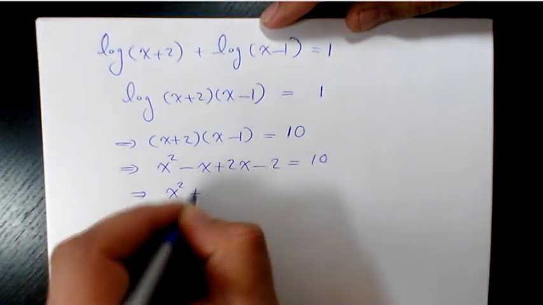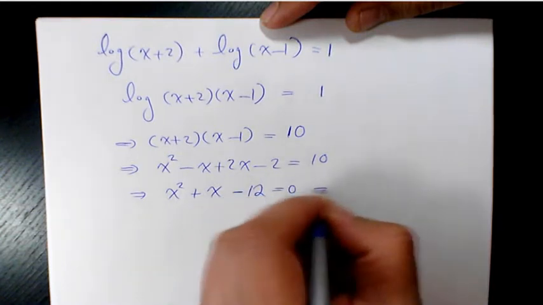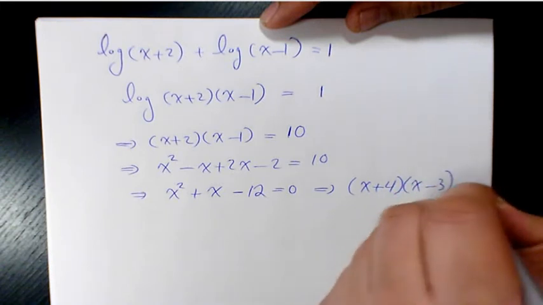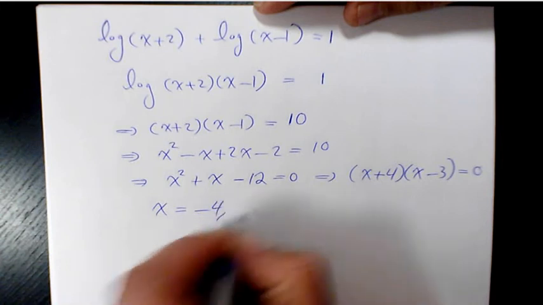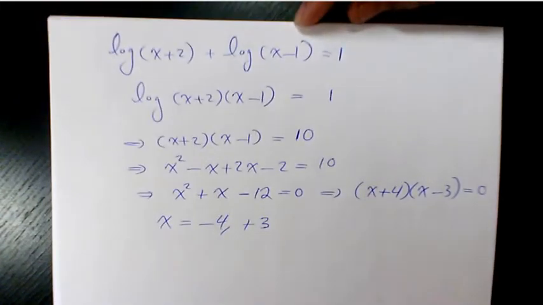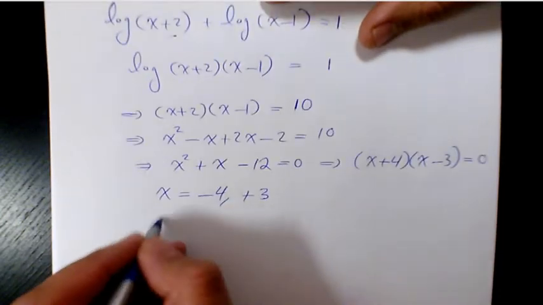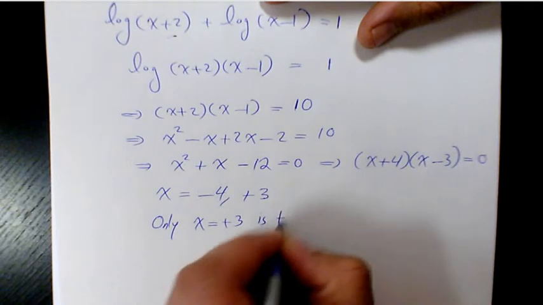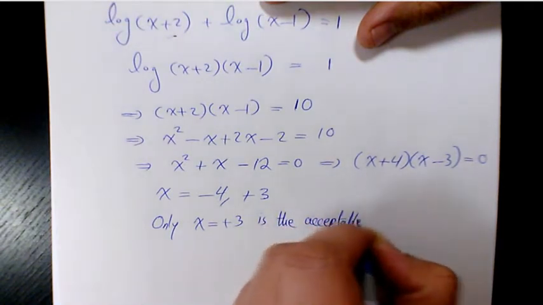So x squared plus x minus 12 equals 0, which means that (x plus 4) times (x minus 3) equals 0. So x can be either negative 4 or plus 3. And if you sub it in here, we're going to say that only x equals plus 3 is the acceptable answer.